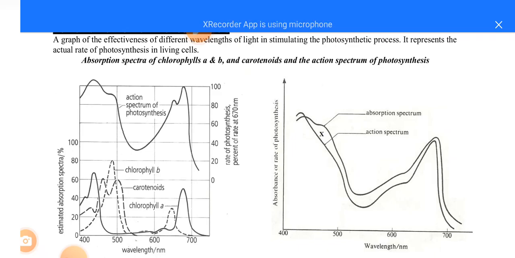Here are the absorption spectra of chlorophyll A, B, and the carotenoids, and the action spectrum of photosynthesis, the way you can see there.